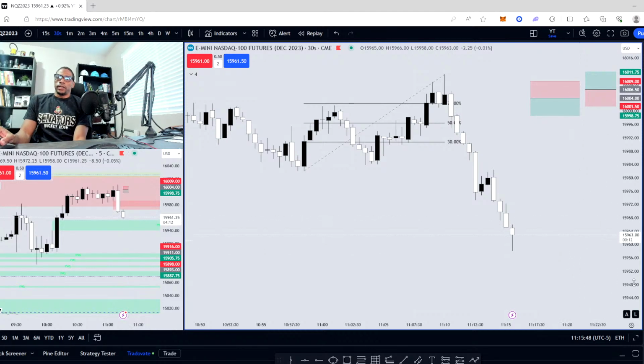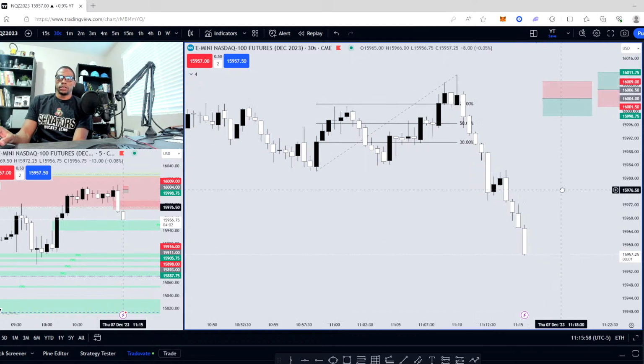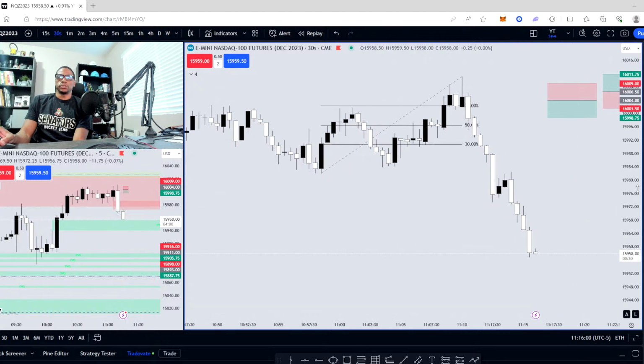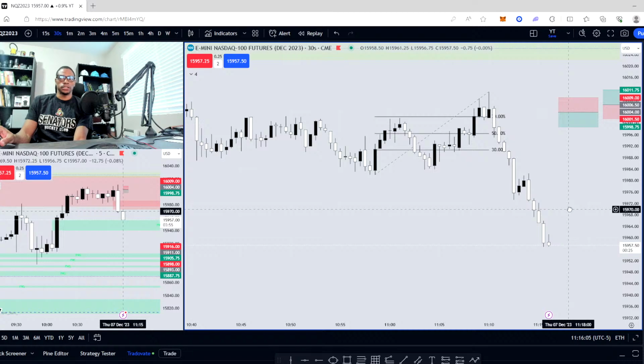Okay, we're about 10 handles away from the 15,950. Doesn't look like price wants to give us an entry to take a short here, but that's okay. 15,950 may not be the resting place. It's just a place for me to reevaluate where we are and take a deeper look at price action.